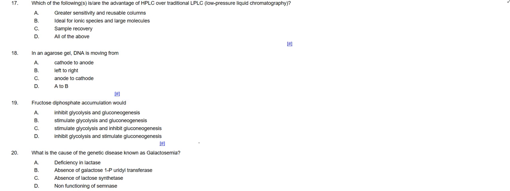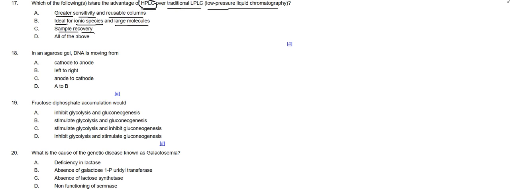Next, number 17. Which one of the following is or are the advantages of HPLC over the traditional LPLC, which is low pressure liquid chromatography? So what is the advantage of HPLC over LPLC? Let's find the correct option: greater sensitivity and reusable columns, ideal for ionic species and larger molecules, sample recovery.